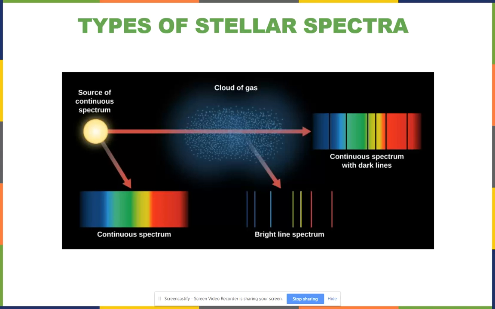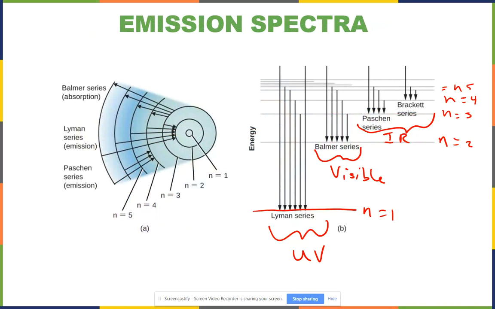Now, if the light goes through a cloud of gas, that cloud of gas has atoms with electrons at certain energies. And if light comes in and the light has an energy that's exactly equal to the energy difference between a state that has an electron and a state that the electron could jump to, then that light can be absorbed.